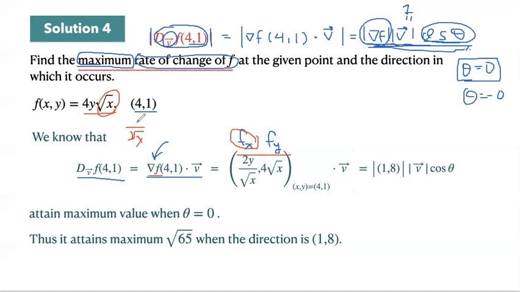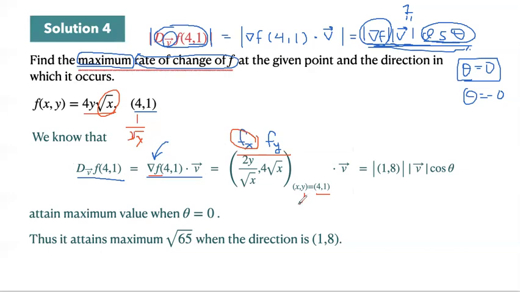Okay, so it is divided by 2, so we get 2y over root x. Okay, and here, yes, when we differentiate the function with respect to y, then we get 4 root x. Okay, and our given point is 4, 1.